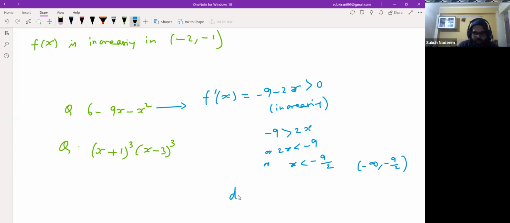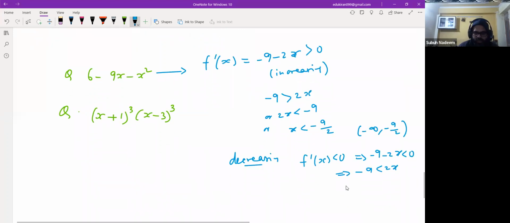And if you take decreasing, then you will take the derivative less than 0, which means minus 9 minus 2x is less than 0. So minus 9 is less than 2x, which means you can say that 2x is greater than minus 9 or x is greater than minus 9 by 2. So it is decreasing for minus 9 by 2 to infinity.